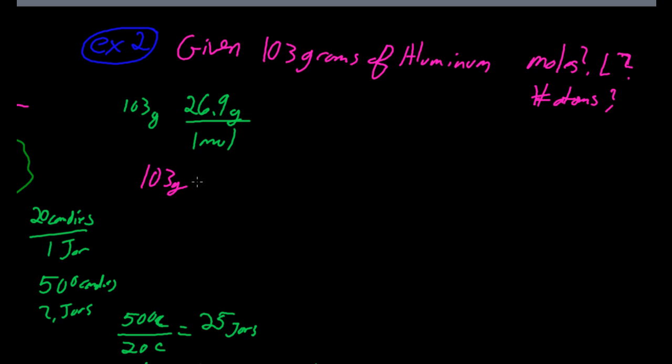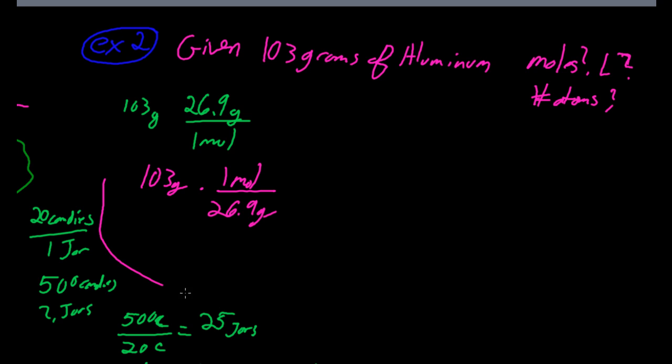We have 103 grams of aluminum, and now in 1 mole, there's still 26.9 grams. And I'll explain the units this time too. Before I was just showing you the basics. When we multiply this fraction, you have to keep into account the units are being multiplied together as well.